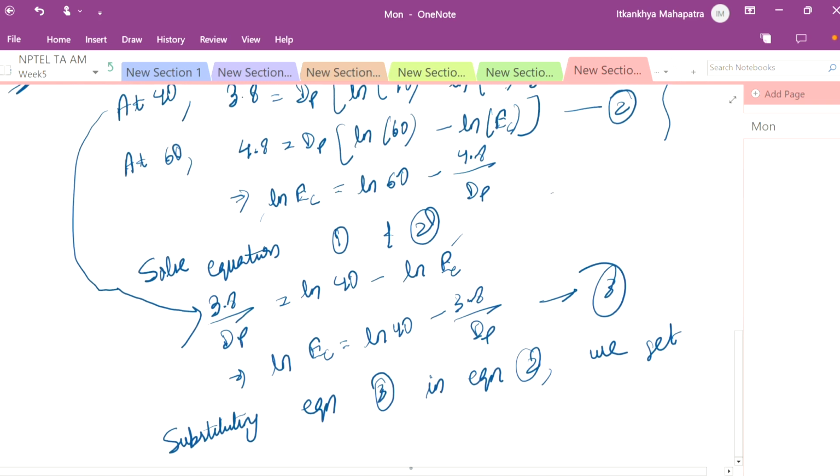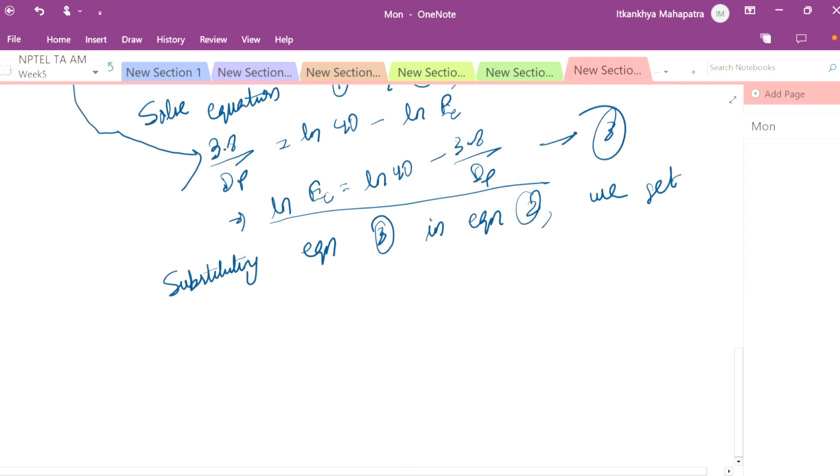so here we've got one equation for ln EC, so we are substituting both values. So ln 60 minus 4.8 by dP is equal to ln 40 minus 3.8 by dP.